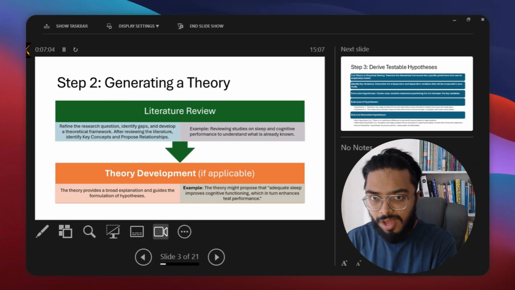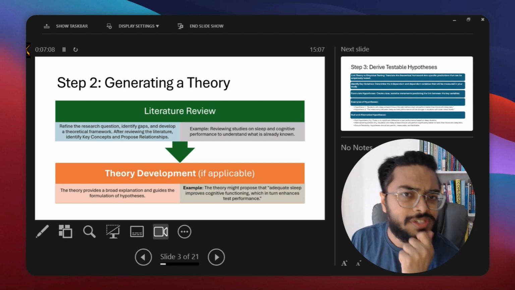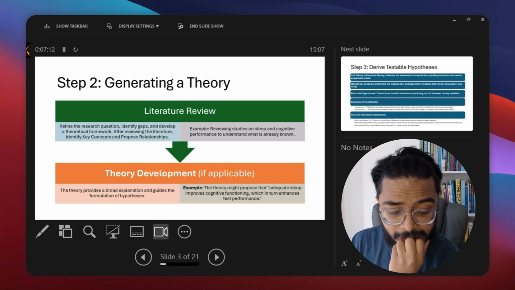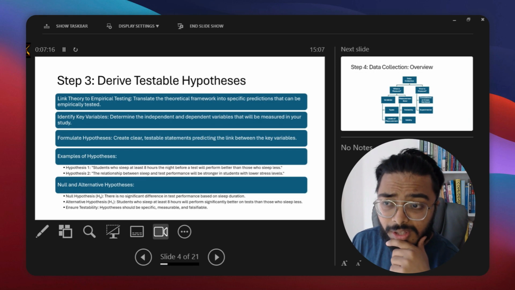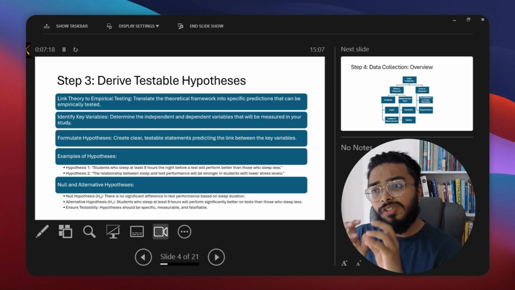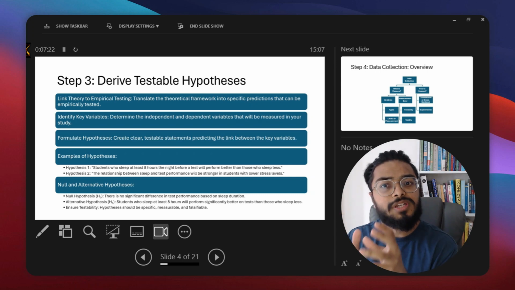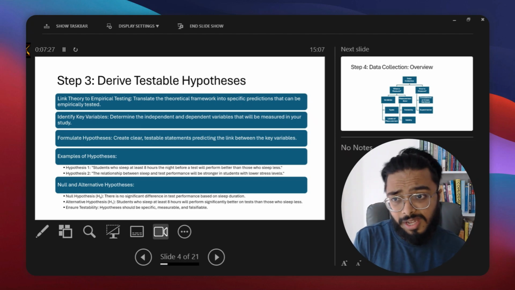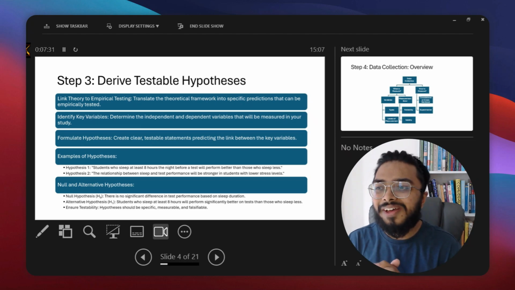Okay, so since you have a theory at the moment, how do you actually test it? That's a question, right? This is where the hypothesis comes in. We will use the theory to translate the theoretical framework into specific predictions which can actually be tested, and these predictions are called hypotheses.